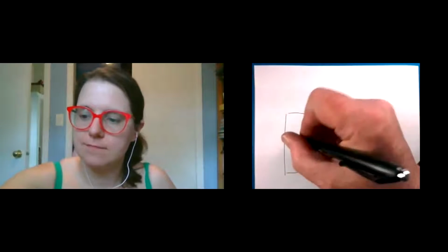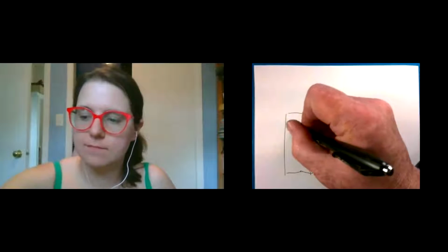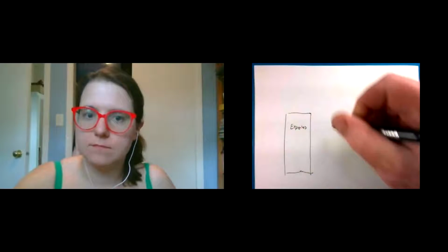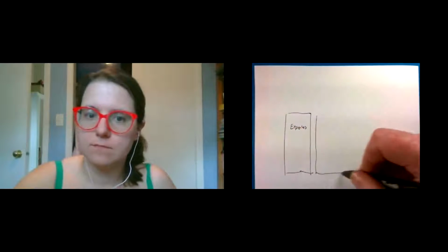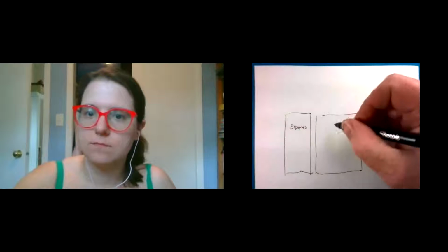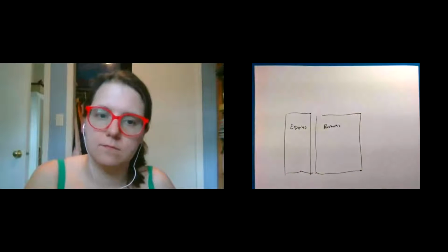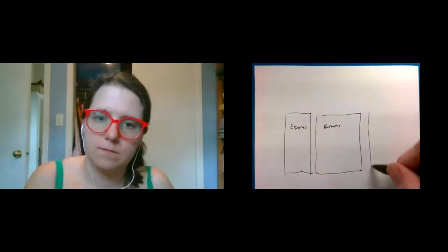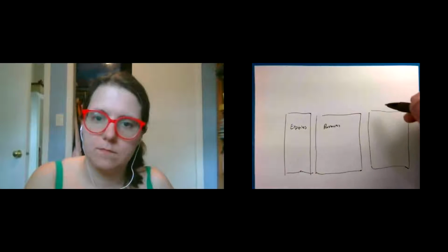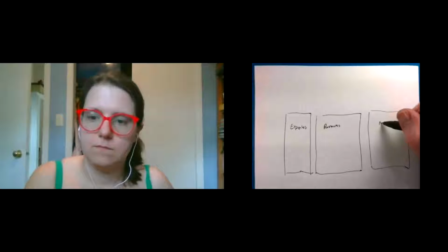So it's sort of like this. They start out with your expenses, and then they go into detail on the revenues. Over here, they kind of give the net.